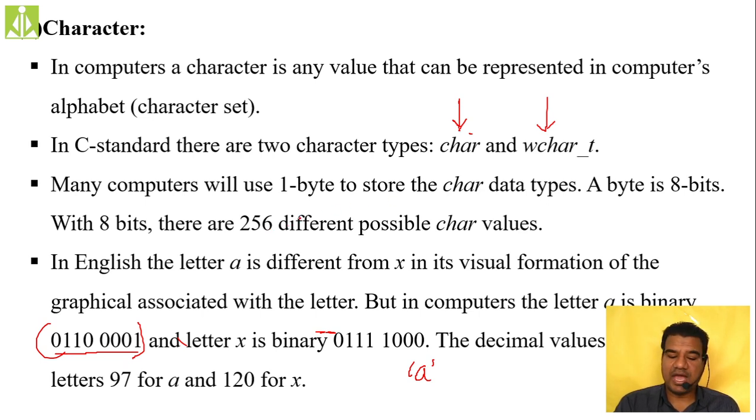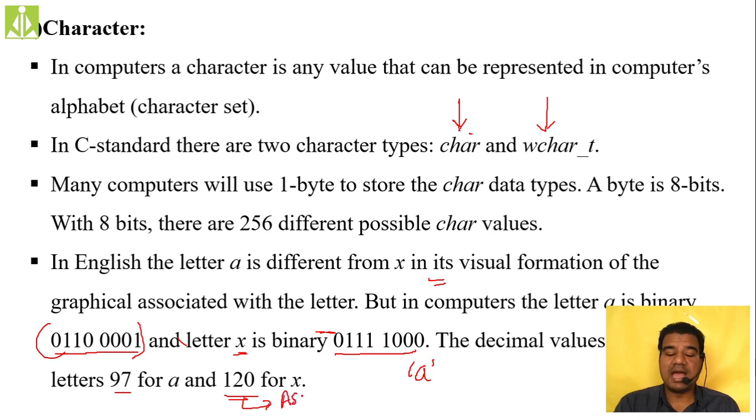So for X, we have this value. See, over here I have written: for X, 0111 1000. This is the binary equivalent for X. These binary equivalents also have decimal equivalents, 97 and 120, which we call ASCII values. They are some advanced concepts.